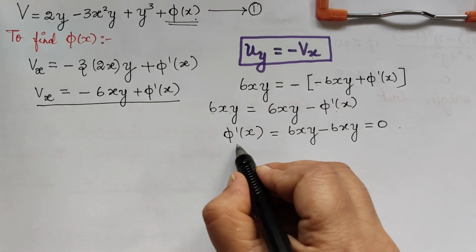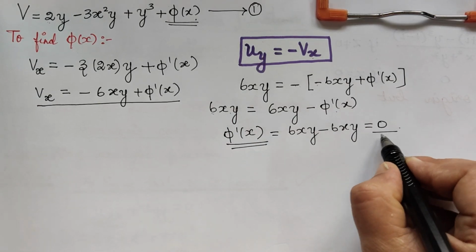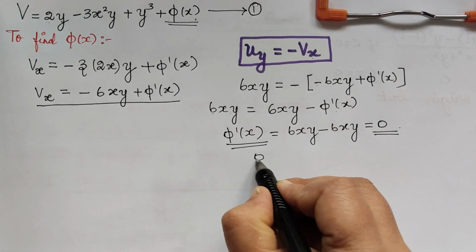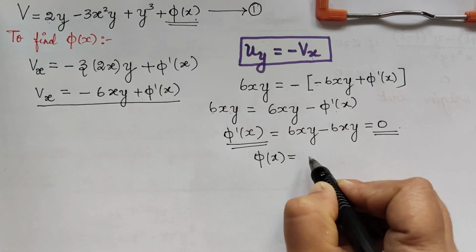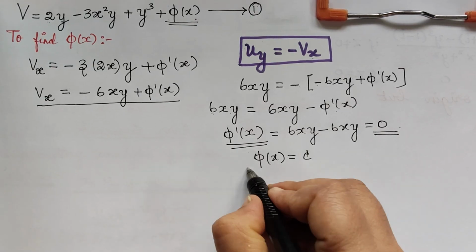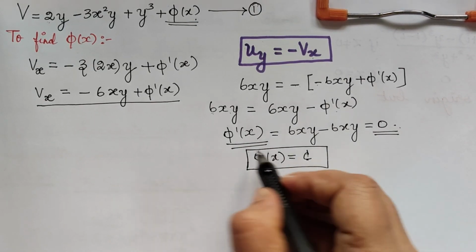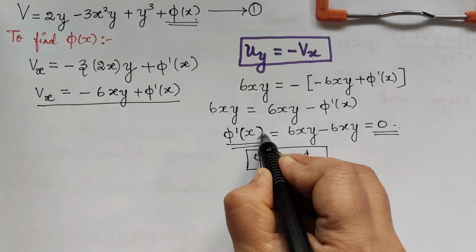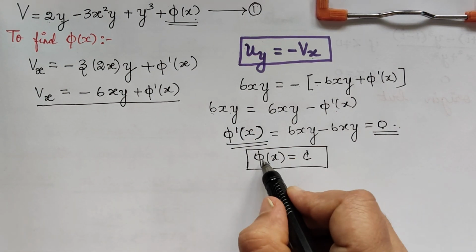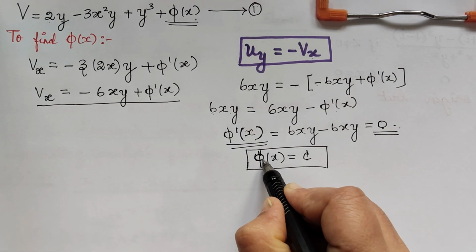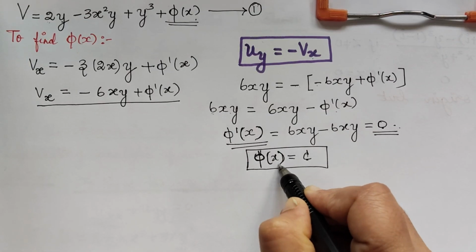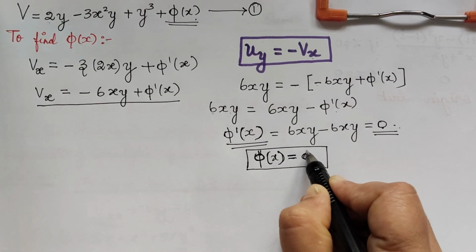So therefore we obtain phi dash of x to be equal to 0. So from this we can say that phi of x will be equal to some constant c, so that we know that differentiation of constant is only 0. Since phi dash of x is equal to 0, we obtain that phi of x must be a constant, and we take that constant to be equal to some c.